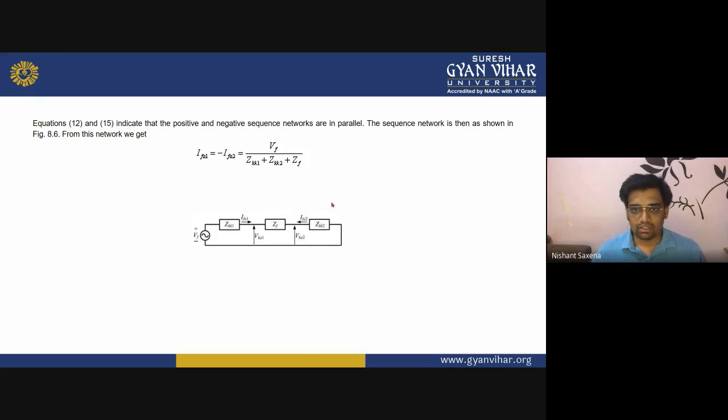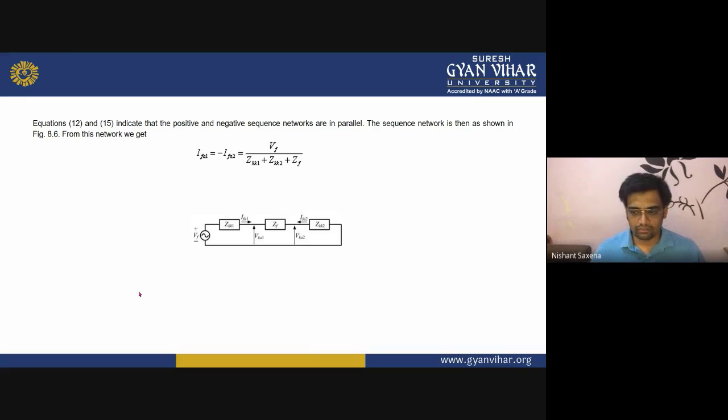Why are they parallel? Because when the currents are equal and opposite, we can say the same from the voltages as well, that IFA1 is equal to minus IFA2, which is equal to VF over ZKK1 plus ZKK2 plus ZF.